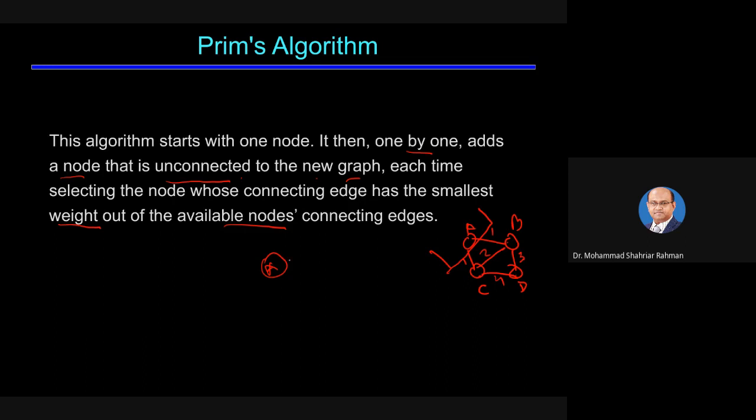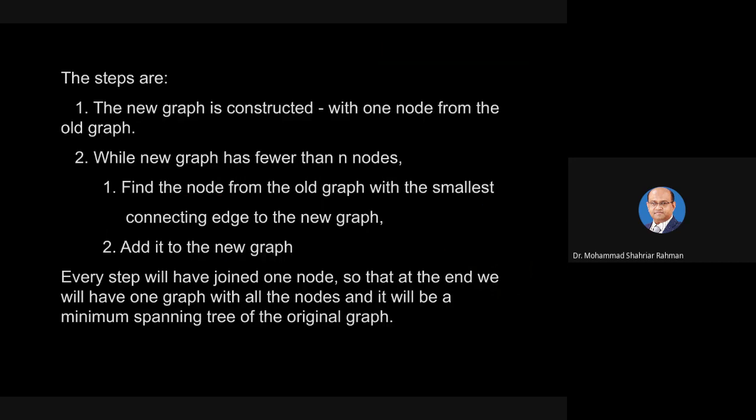Then from A আমরা কাকে কাকে রিচ করতে পারি, সেটার জন্য আমাদের মিনিমাম ওয়েট কি আছে। আমাদের এই পার্টিকুলার এক্সাম্পলে এ থেকে সি তে রিচ করা যায়, এ থেকে বি তে রিচ করা যায়। এ বি, এ সি both have same weight 1, then we choose কোনটাকে আমি পিক করব। So the new graph is constructed with one node from the old graph.